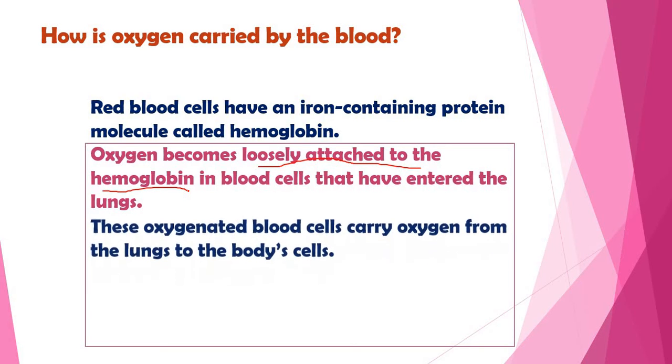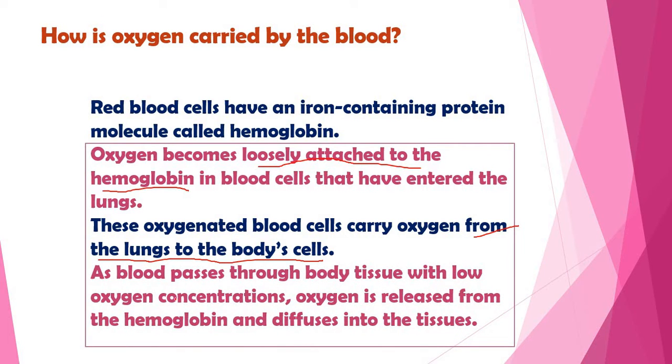Okay, and after that, this oxygenated blood, we call it oxygenated blood because it carries oxygen now, takes the oxygen from the lungs to distribute it to all other body cells.